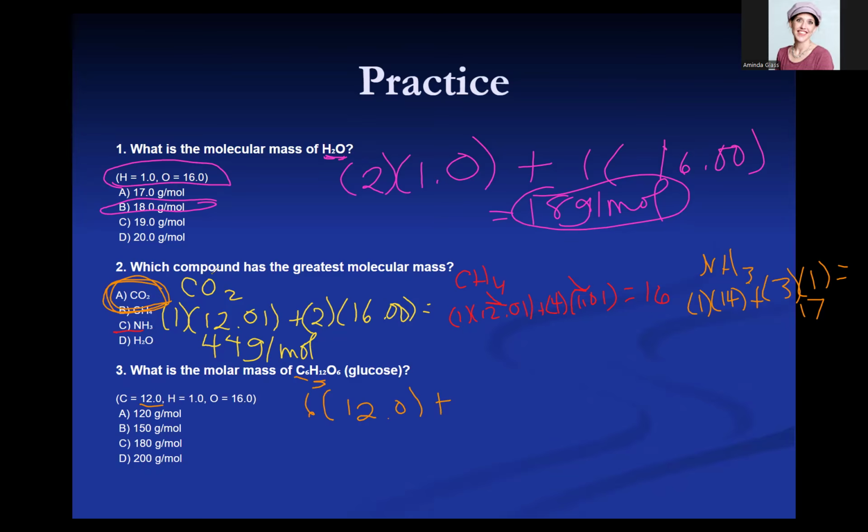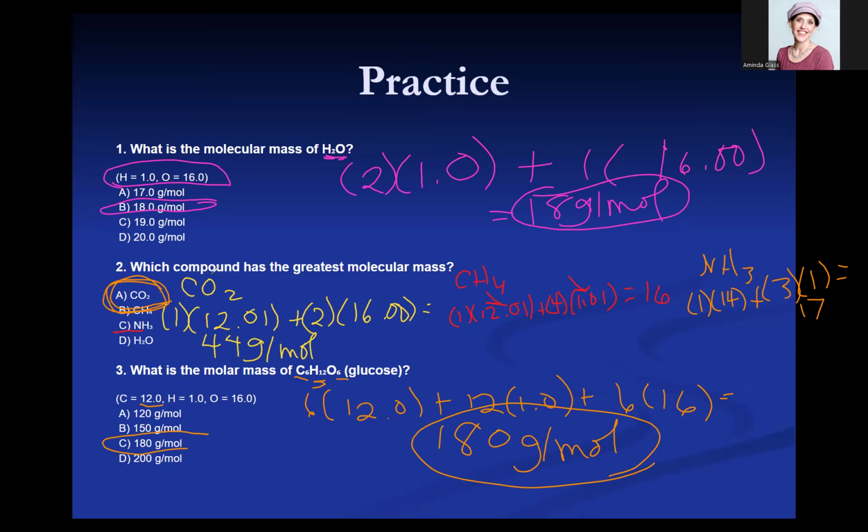Then we have 12 hydrogens, each has a mass of 1, plus 6 oxygens, each has a mass of 16. So we add those up, and 6 times 12 plus 12 times 1 plus 6 times 16, and we get 180 grams per mole. So the mass of glucose is C, 180 grams per mole.